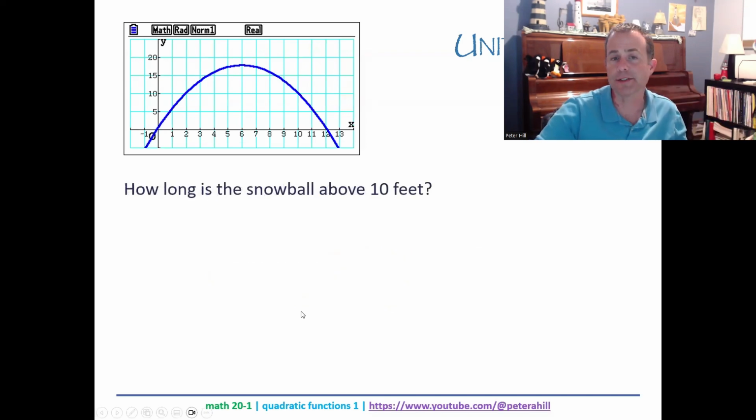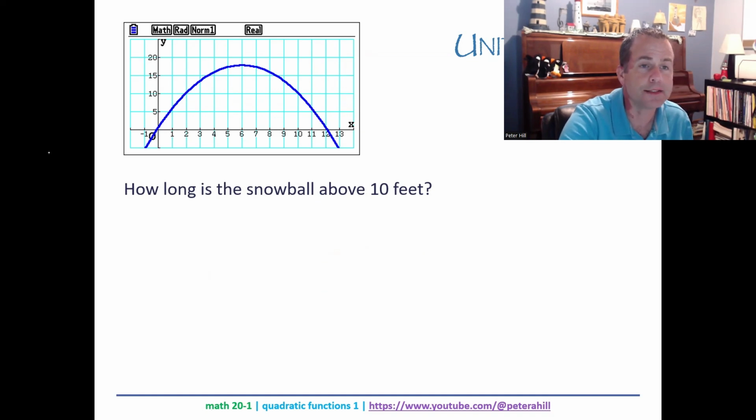Okay, how long is the snowball above 10 feet? Well, that's a y value, right? 10 feet. So let's just put that in right here. And here's what I want you to notice. At this point right here, this is the point that I begin to be above 10 feet, at 2 seconds. Then this is the point that I stop being above 10 feet.